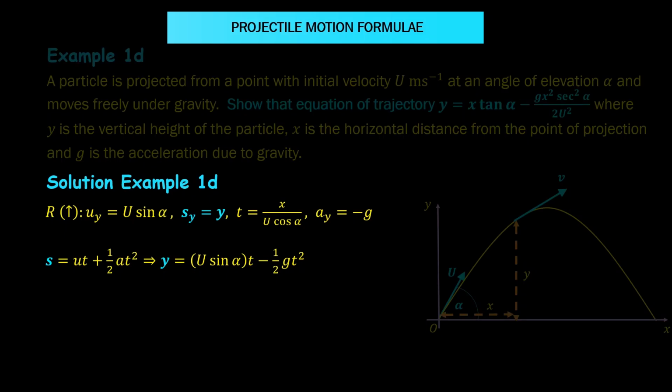We plug in s equals y, u equals u sine alpha, acceleration equals minus g, and a half stays as it is, and t is here. We'll substitute that in a moment.